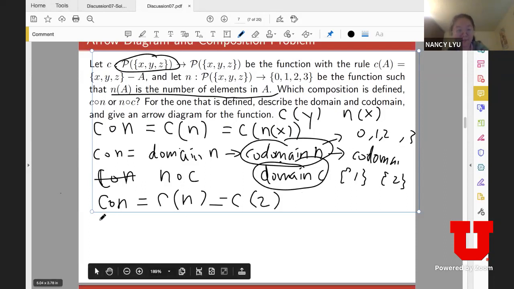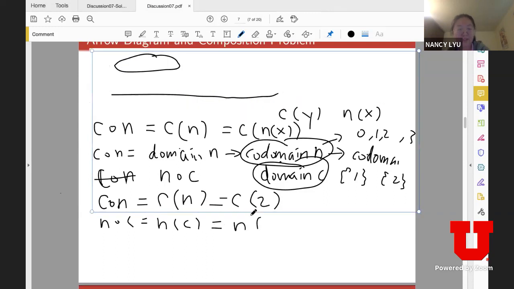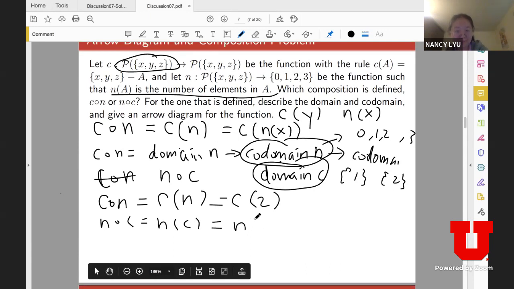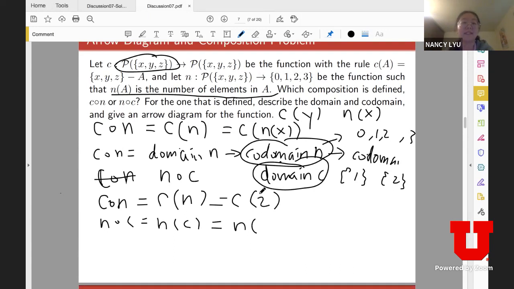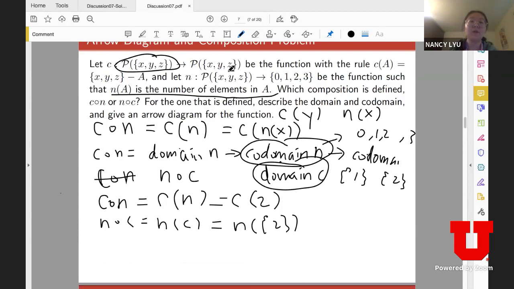And if we check NC, we first apply C. The codomain of C is also a power set, so we have something like a power set, and that matches with the domain of N. The only thing you want to make sure is that your codomain matches the domain of the second one.